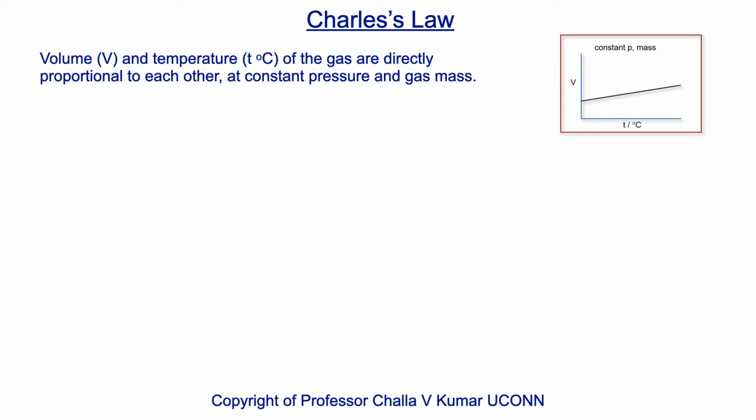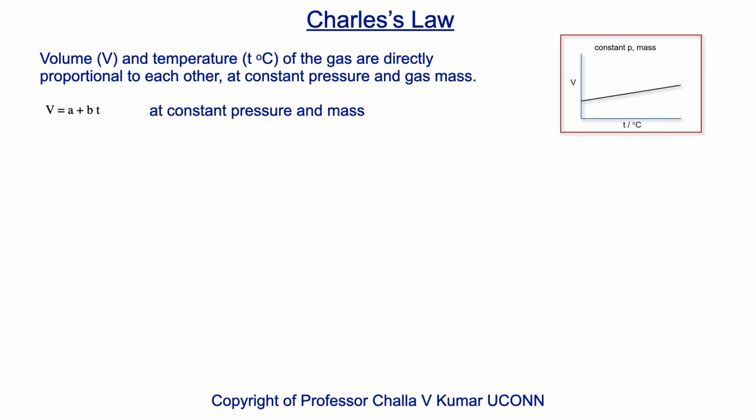If we were to take a specific amount of gas at a particular pressure and raise its temperature, its volume increases linearly. We are measuring temperature in degrees centigrade as far as this experiment is concerned.